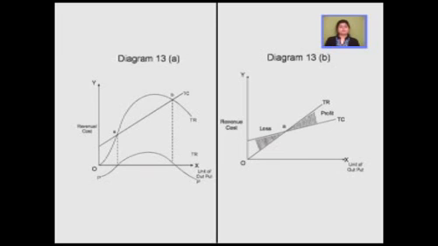In the diagram, you can see points A and B where TC is equal to TR in two situations are called break-even points. Whenever any two things are equal, that point is called as break-even point.